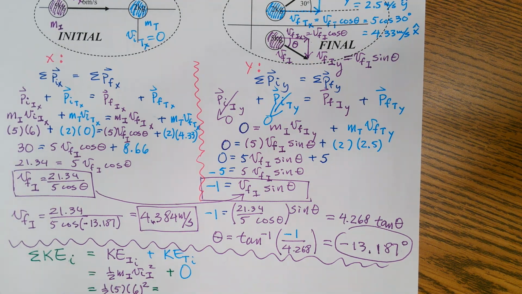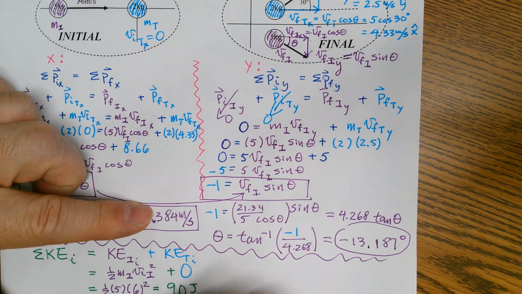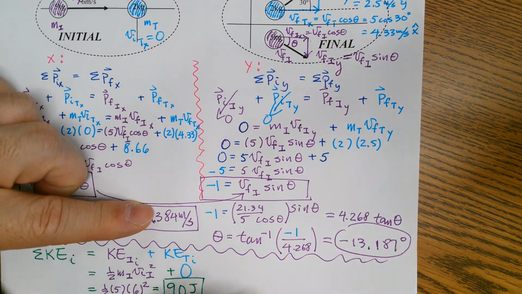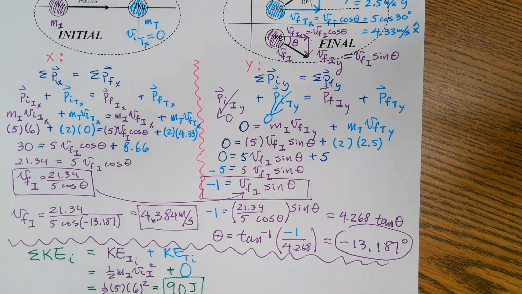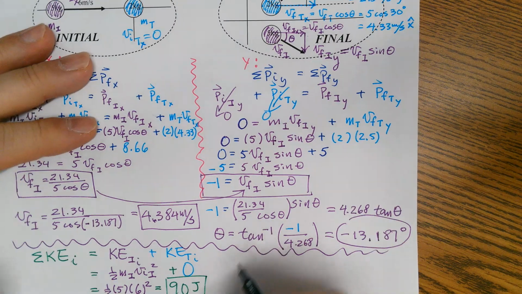Around 90? Yeah, 90 joules. So the total initial kinetic energy comes out to 90 joules. Now let's find the kinetic energy final.